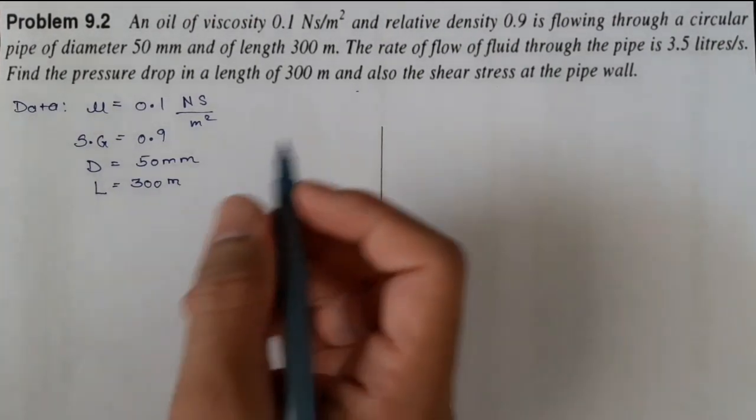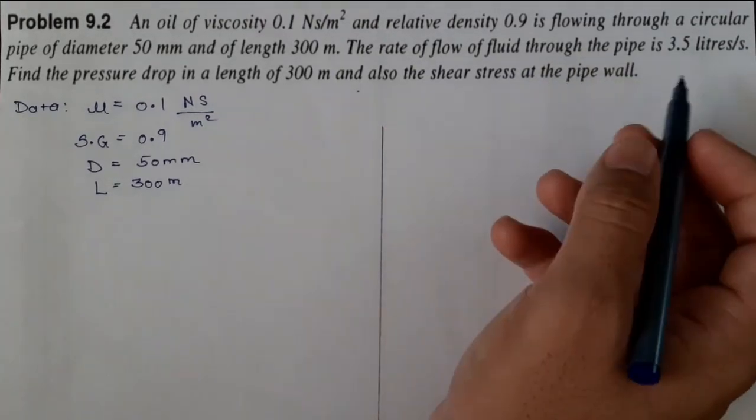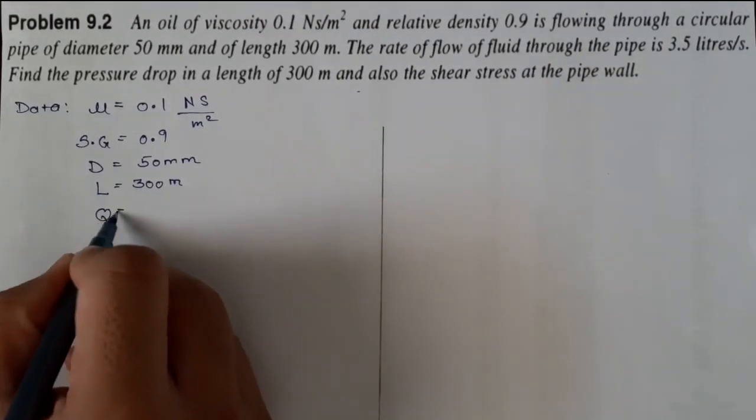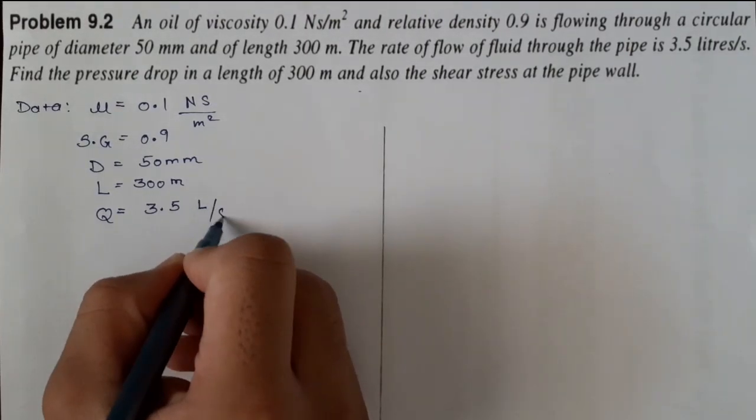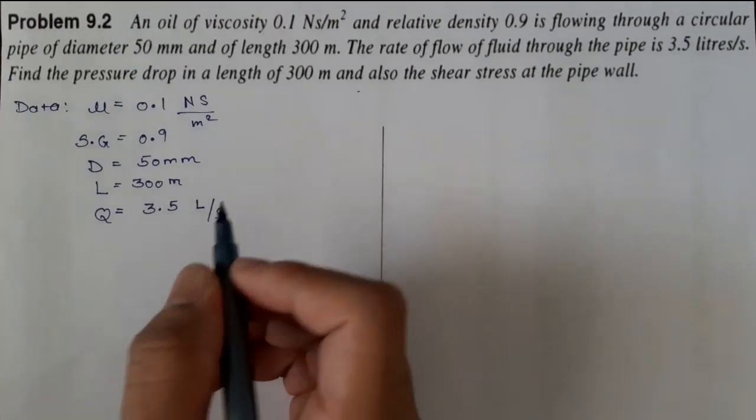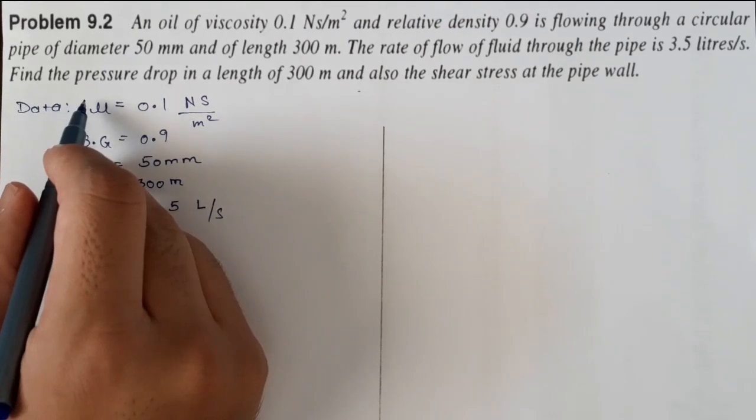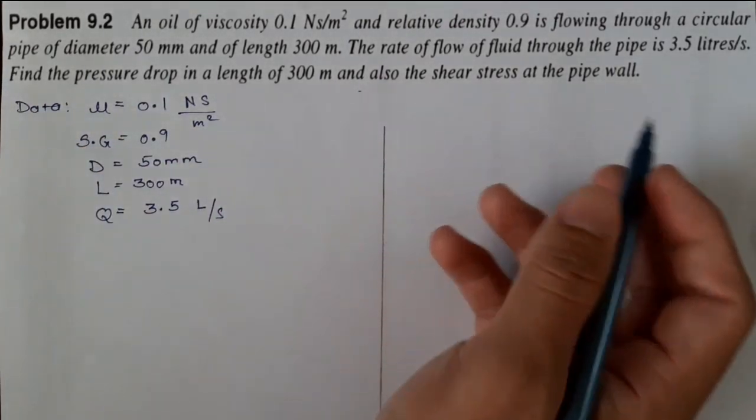The rate of fluid flow through the pipe is 3.5 liters per second, that is discharge Q is given as 3.5 liters per second. Now we have to find the pressure drop and shear stress at the pipe wall.